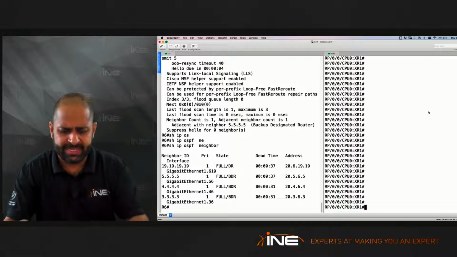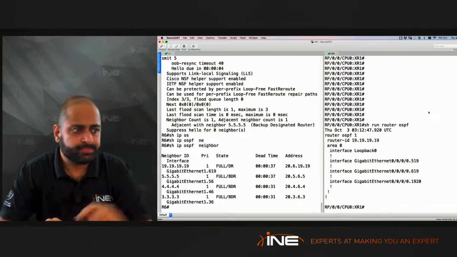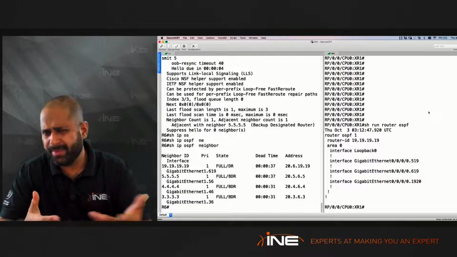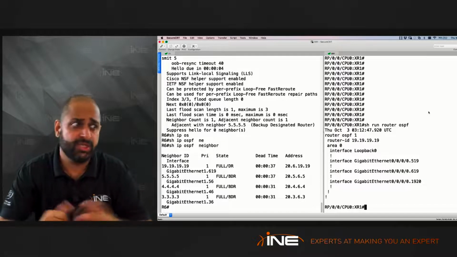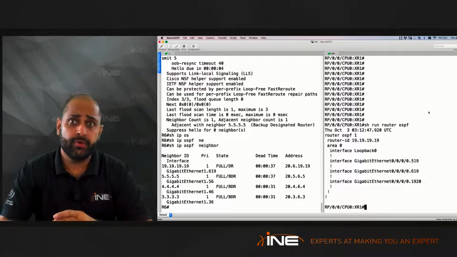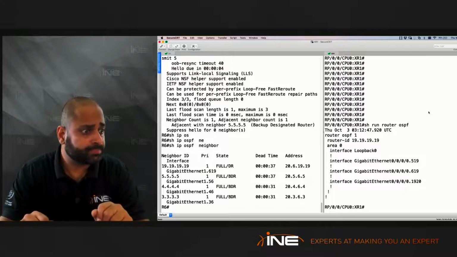Similarly on IOS XR, if you do a show run router ospf, here is where I have OSPF configured, and the commands are a bit different from IOS XE. Here we have router ospf 1, we define the router ID, area 0, and then activate OSPF on all its interfaces.